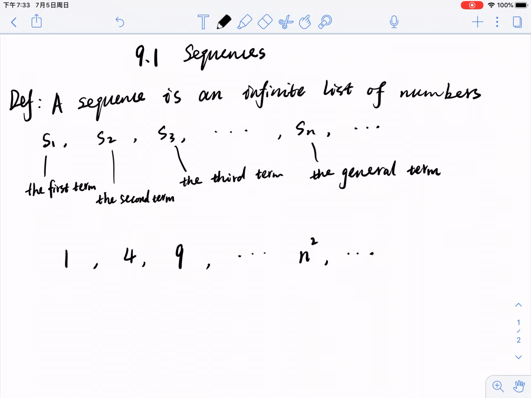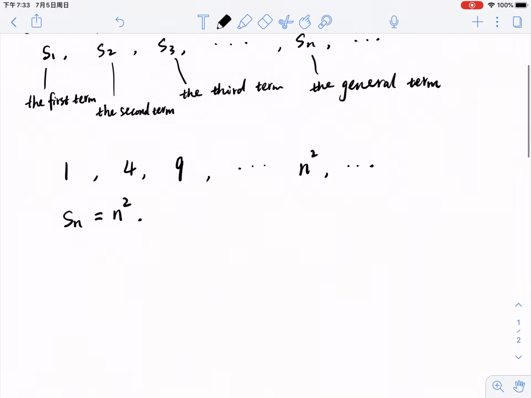This list of numbers is a sequence, and its general term can be denoted by Sn is equal to n squared. This is an example of a sequence.